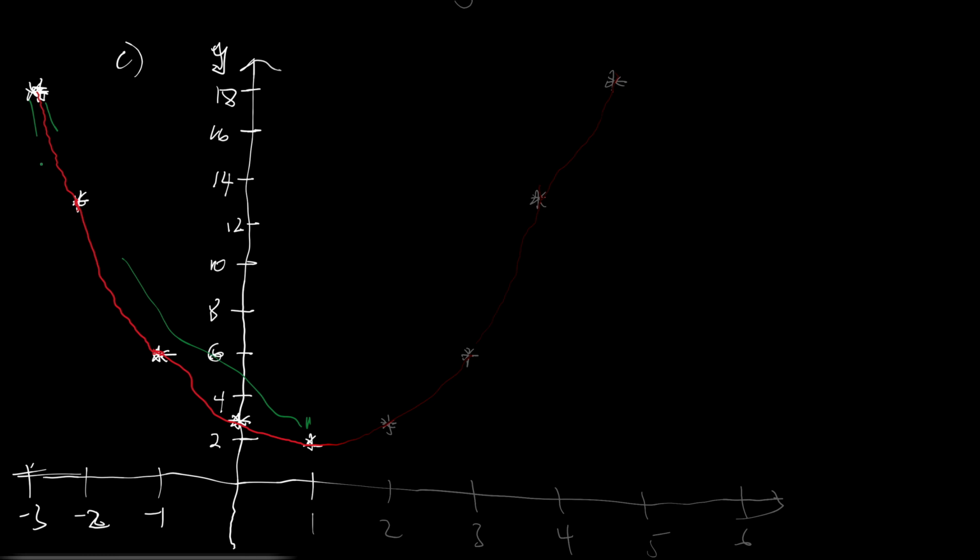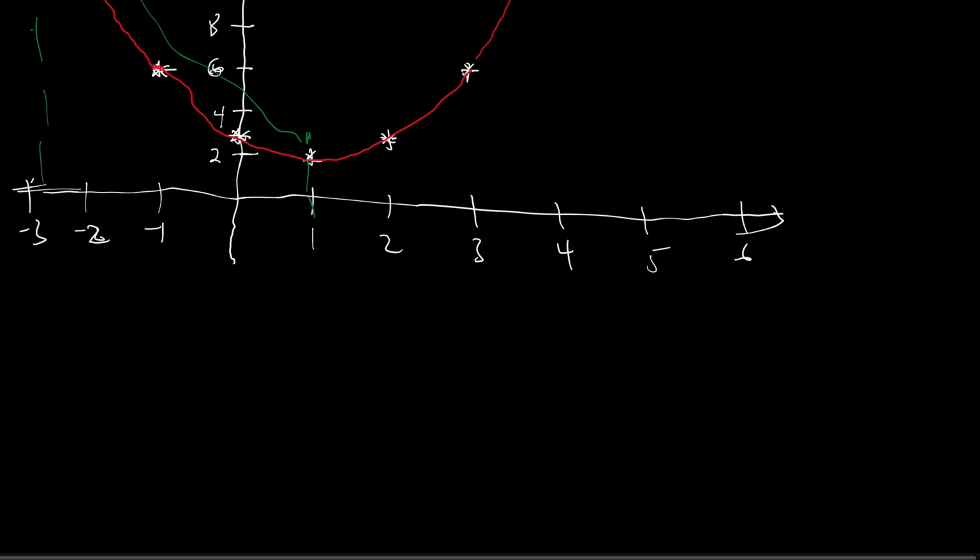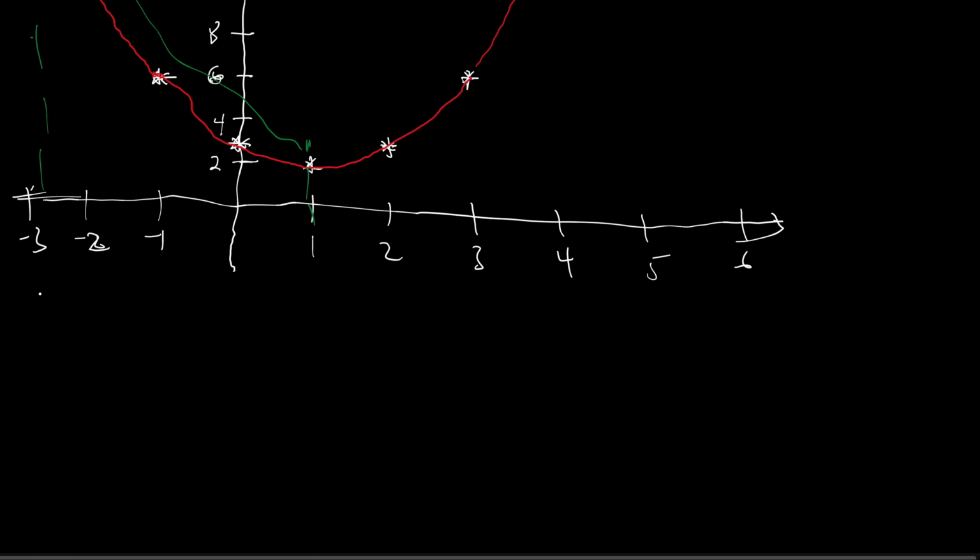And so we take the values of x from this side to this side. So D, the value of x as y decreases will be negative 3 less than x less than 1.